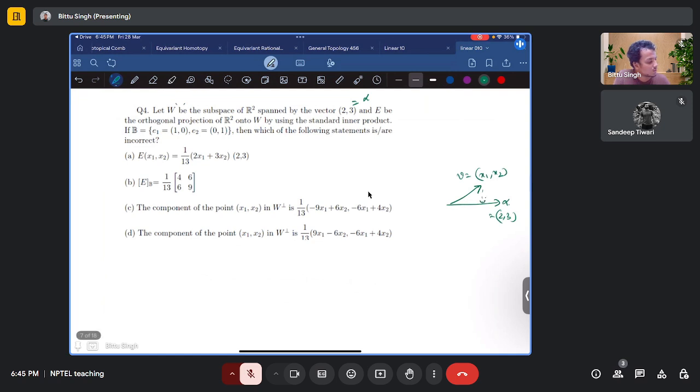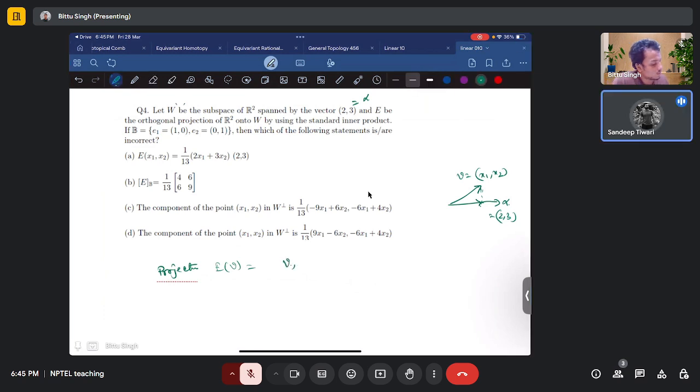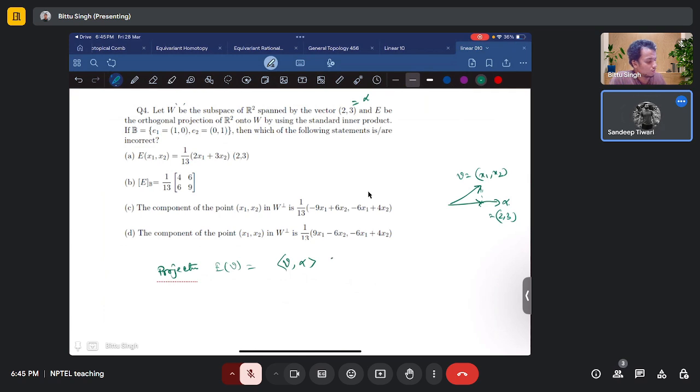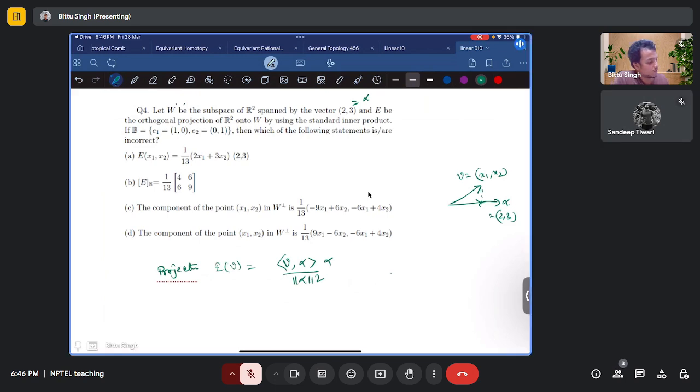Again, the projection is given by this formula, right? There is no alpha other element, so it is simply the norm. So what is the inner product of v and alpha?